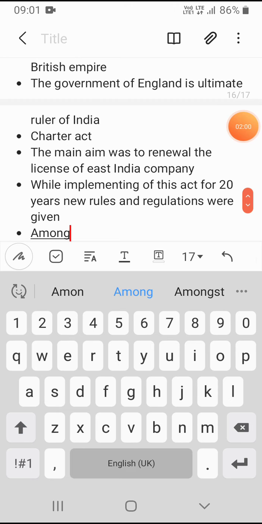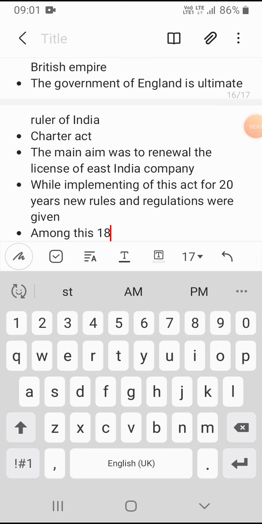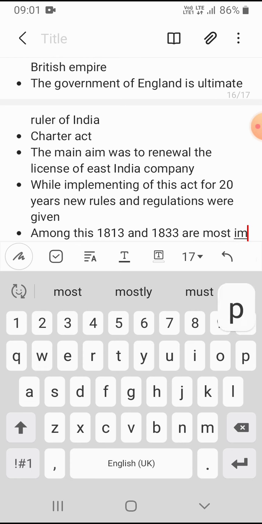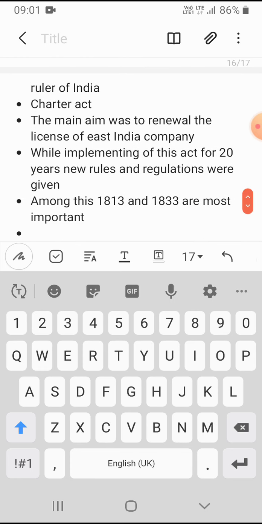Of these, the Charter Acts of 1813 and 1833 are most important. So let's know about the Charter Act of 1813.